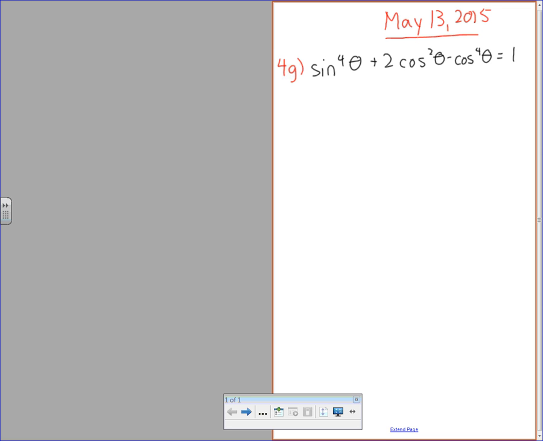Anyone have any suggestions for what I can do on the left-hand side here? Or factor out 2 cos theta. These two, you mean? No, 2 cos theta and one term in the middle. What do you mean factor out? I don't understand.